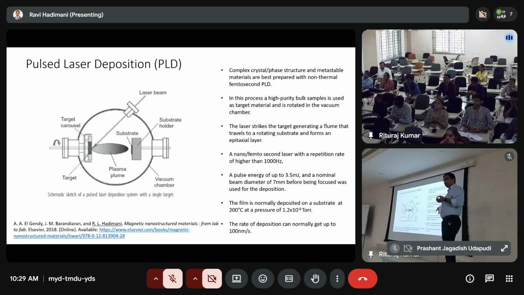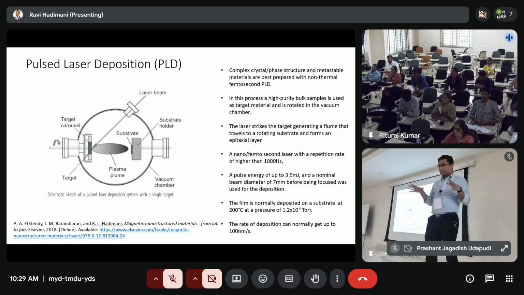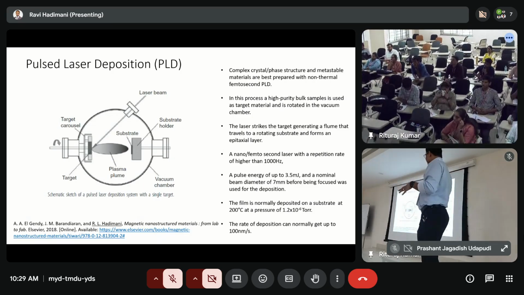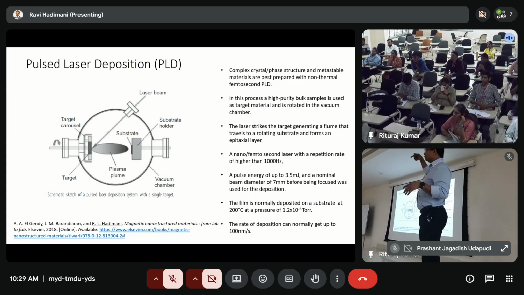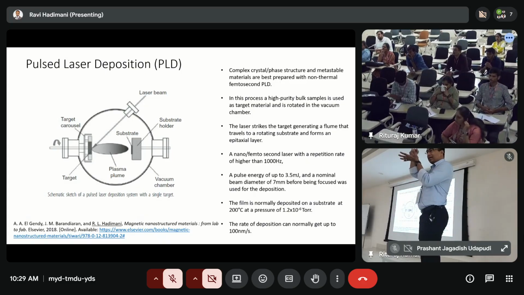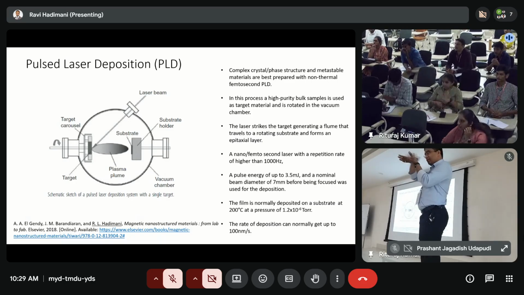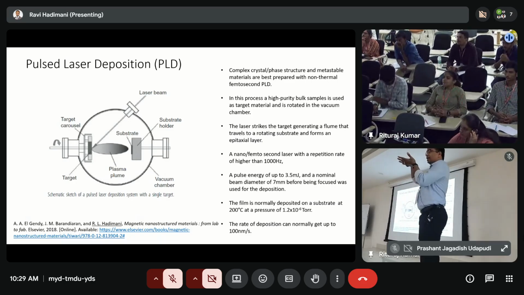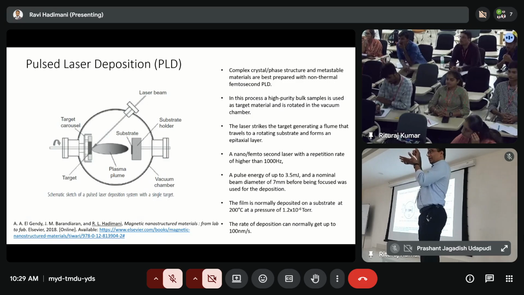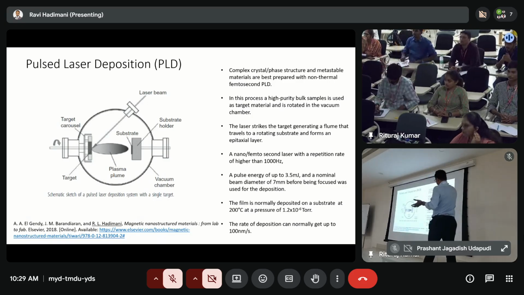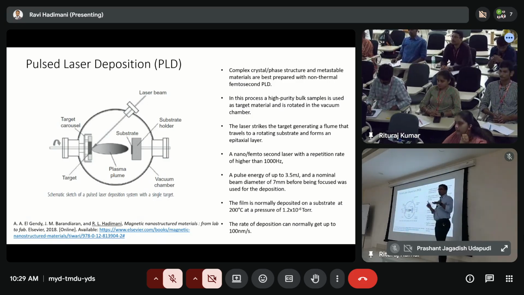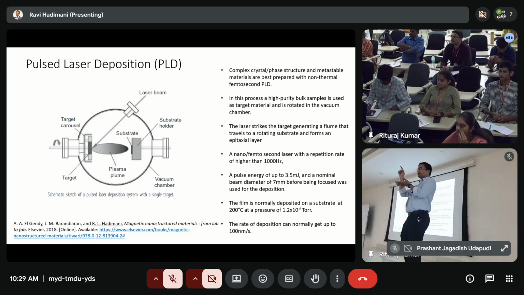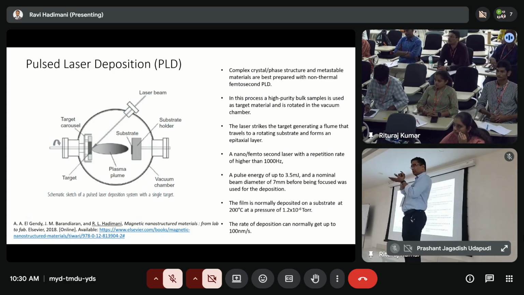The phenomenon in femtosecond laser is slightly different. What happens is when the photon comes and strikes the electron in an atom on the surface of the target, the electron goes to the higher orbit, but because it's femtosecond, before the electron tries to come back to the ground state, another photon comes.